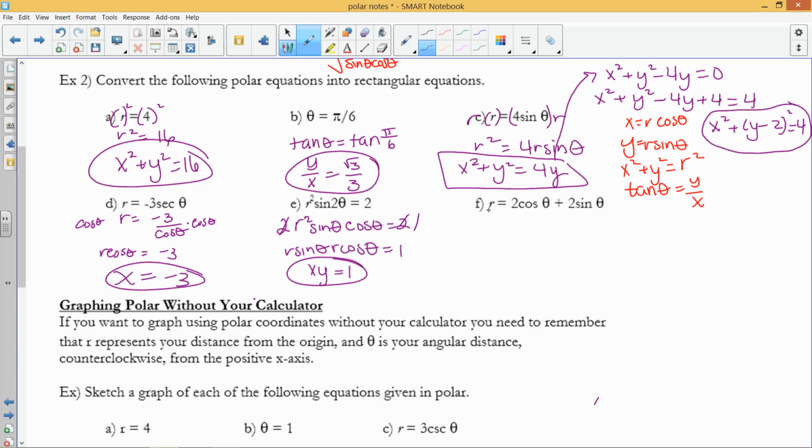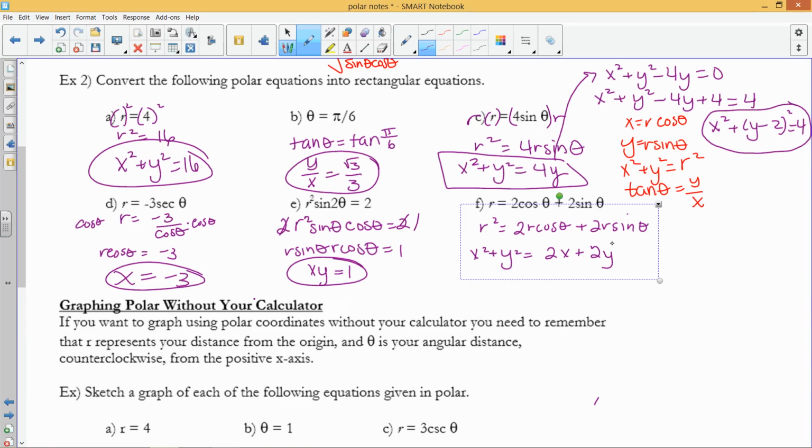And then last but not least, f is a lot like c, where we have r on one side and we have cosines and sines on the other. So if I multiply both sides by r, I would have r squared equals 2r cos theta plus 2r sine theta. And r squared is x squared plus y squared, 2x plus 2y.